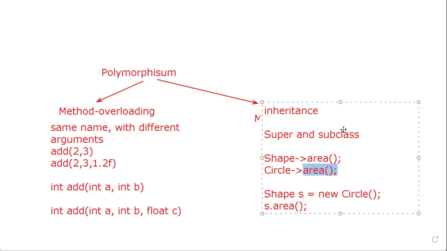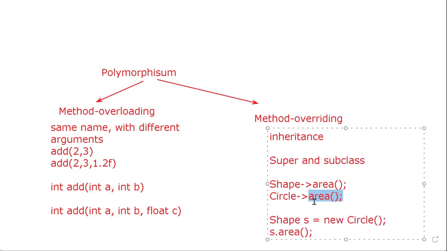So we are trying to override that. Getting the concept? So we are redefining area in its subclass by overriding its definition in the Circle class. Depending on the object which has been created, it will go to that class and call that class's method.